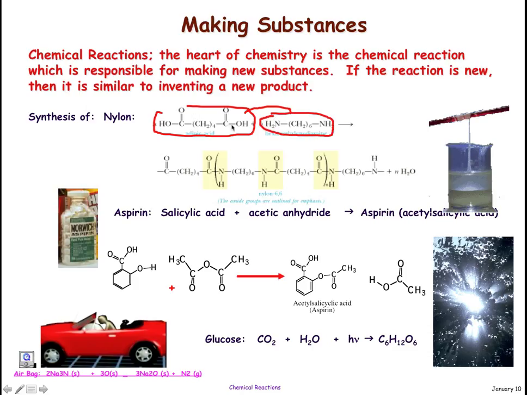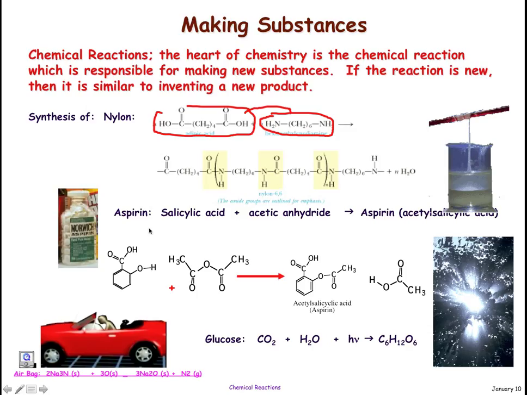This binds to the left of this chemical through the nitrogen atom, and then this also binds to this chemical through the nitrogen atom, and it keeps repeating, where these are what we call the monomeric unit, and then it forms a very long chain called a polymer. And that's how nylons that you see in parachutes as well as stockings are synthesized.